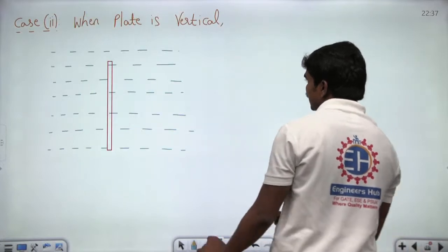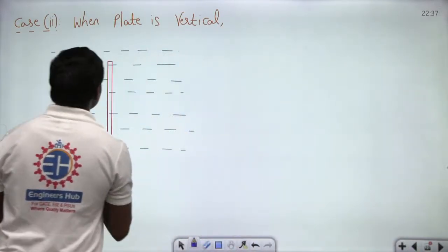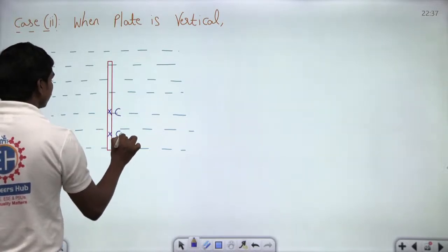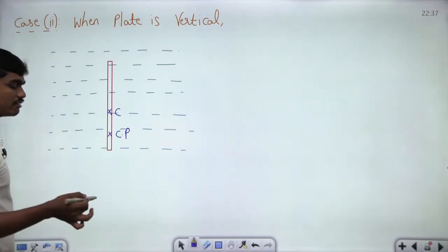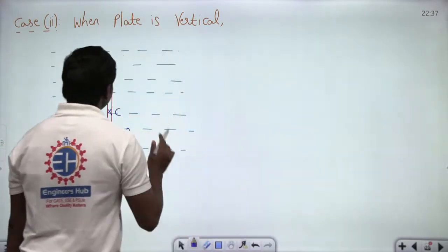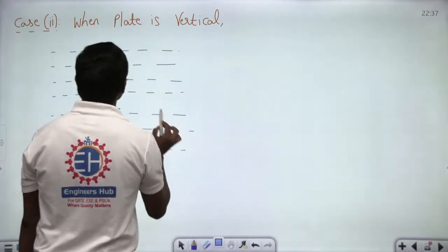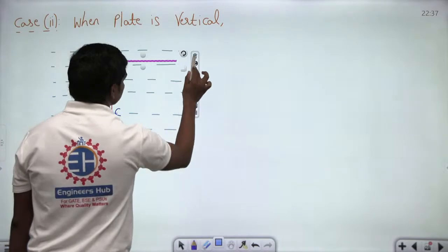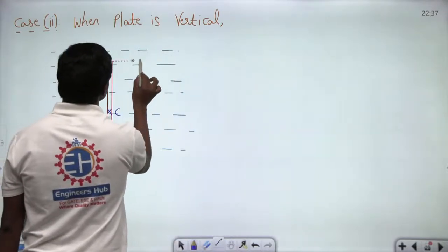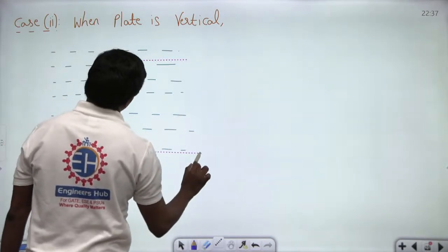So, now if this is standing vertical, definitely this is some location of the centroid which is C, and this is some location of your center of pressure, Cp, which we have seen just now. And now if you see carefully, let us suppose you are drawing the side view of this, for example, let me take a dotted line.